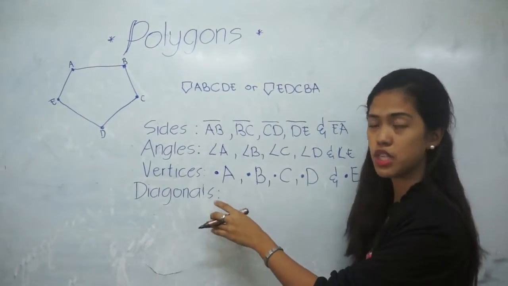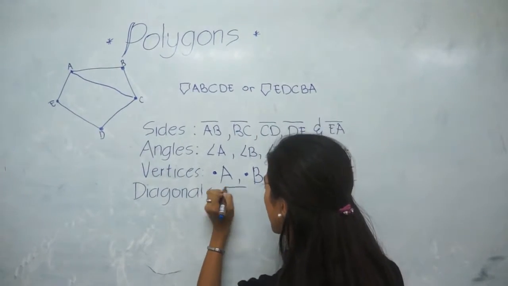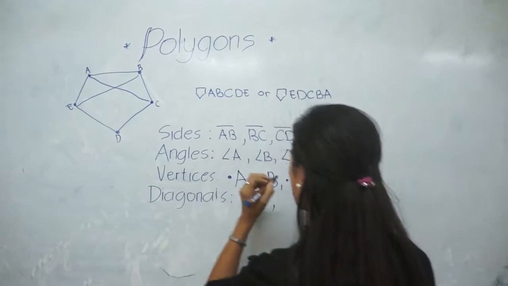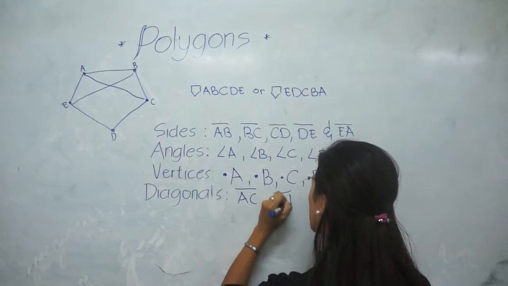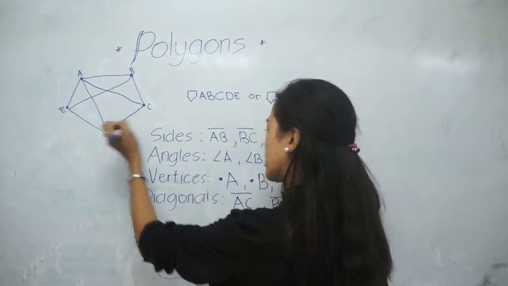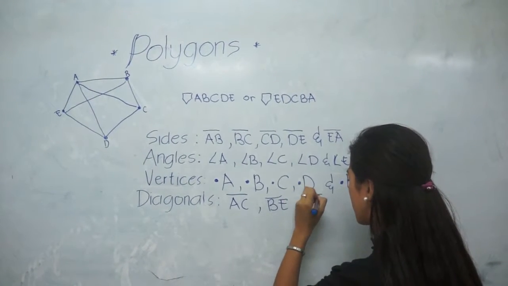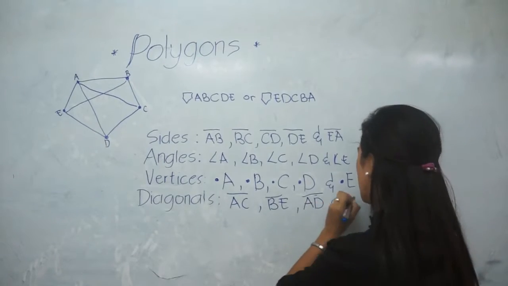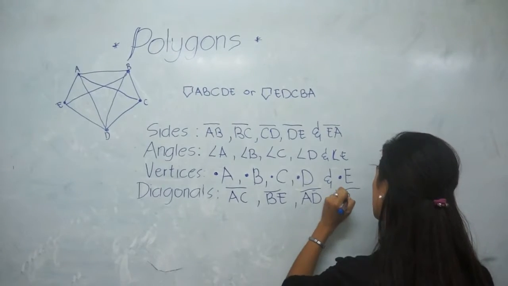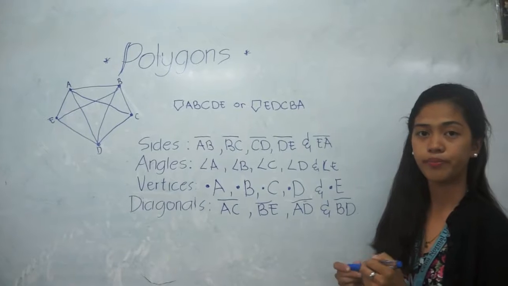So the diagonals of this polygon are diagonal AC, line segment EC, line segment BE, line segment AD, and line segment BD. So these are the diagonals of this polygon.